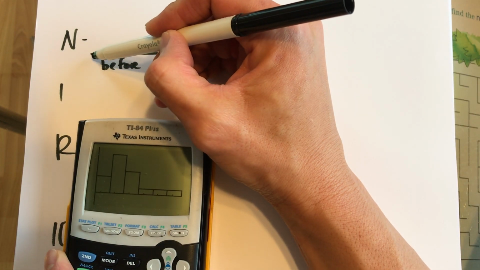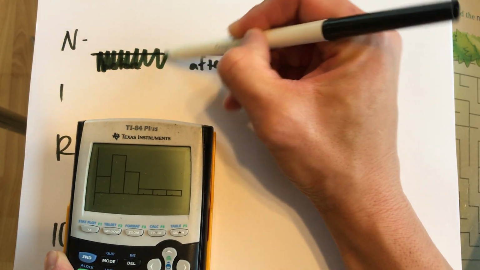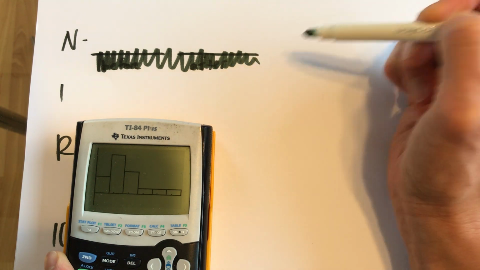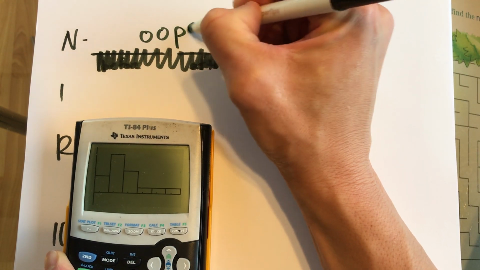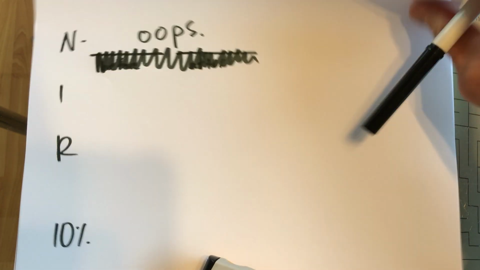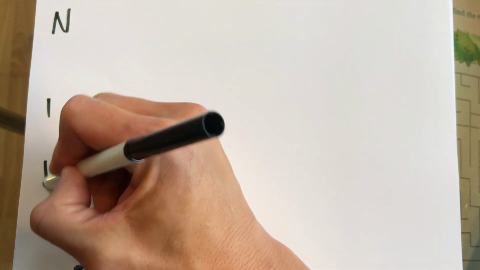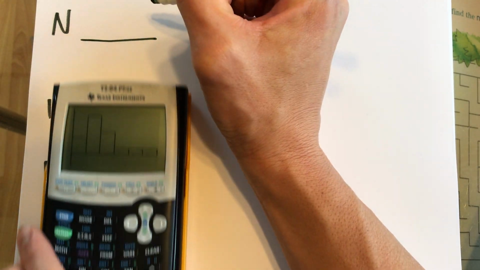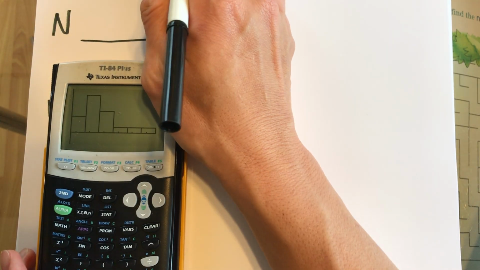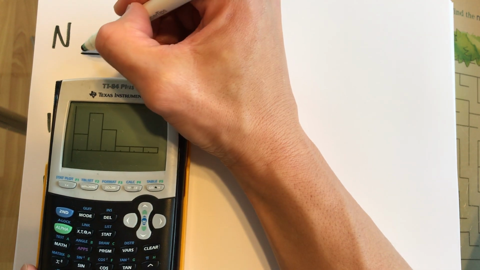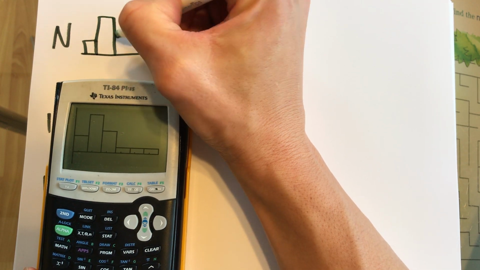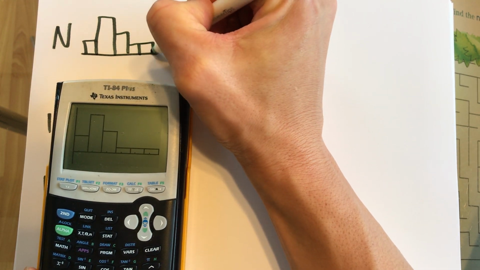So we are not gonna use this before and after here. I'm just gonna get a new sheet of paper. Okay. So I'm just gonna sketch my histogram. It does not have to be exact. You don't even need a ruler. Surprise, surprise. Okay, it looks kind of like this, right?